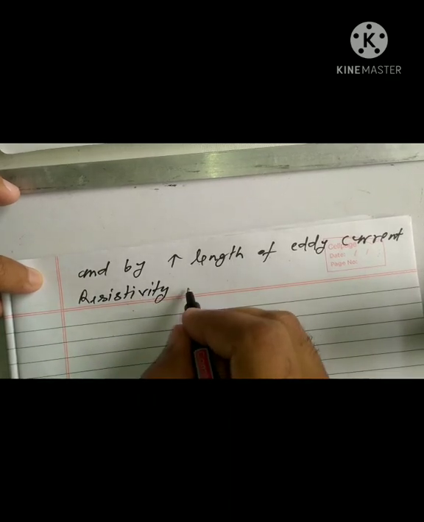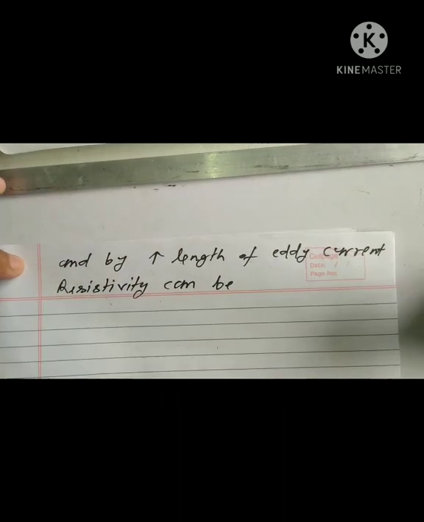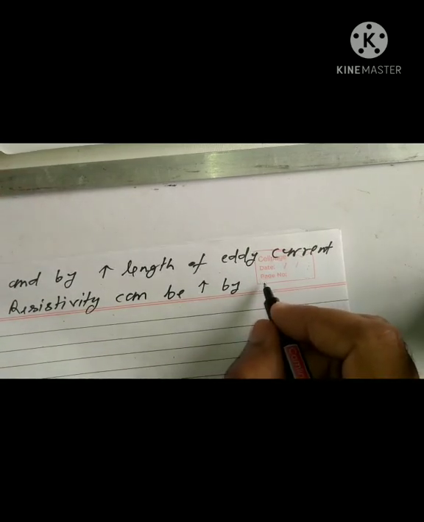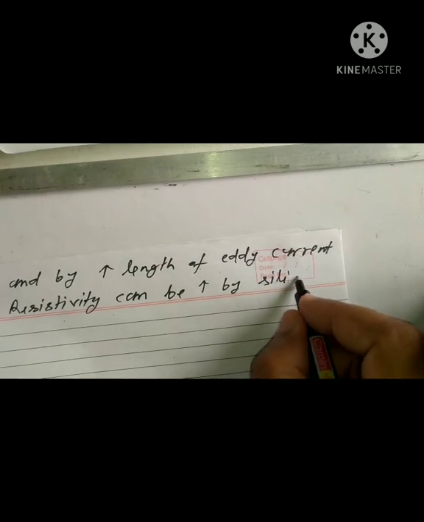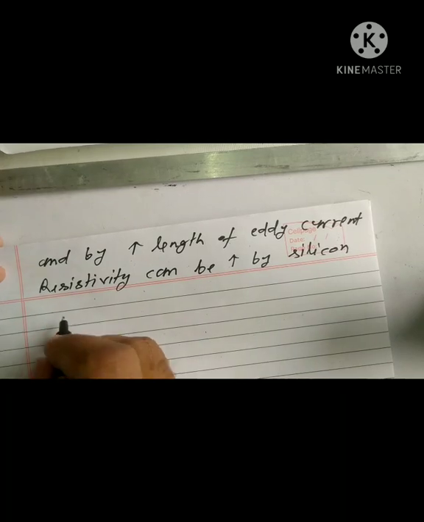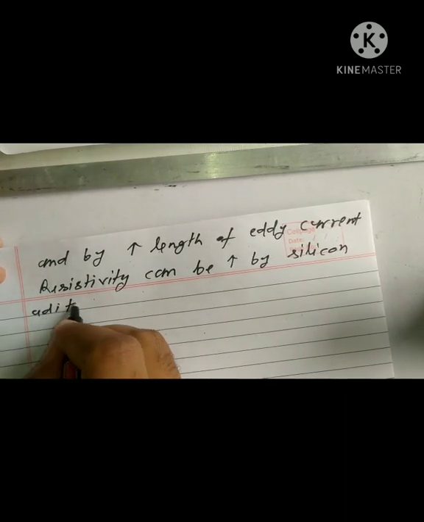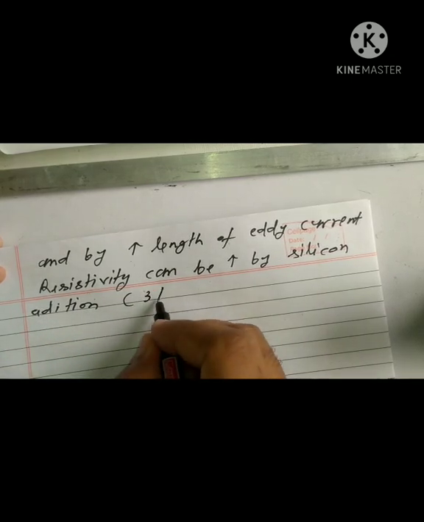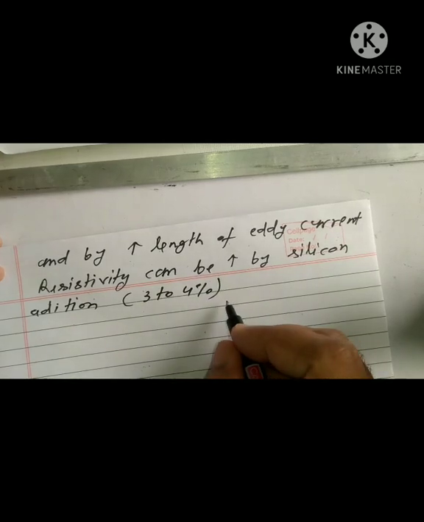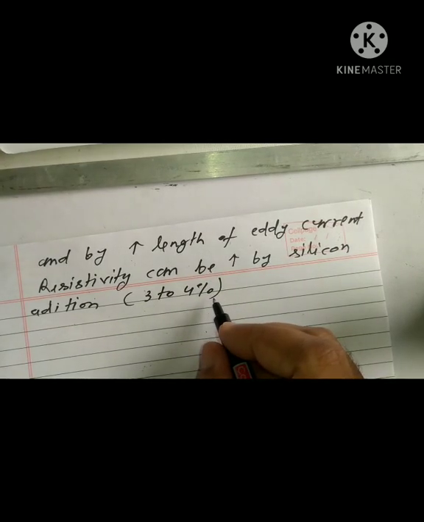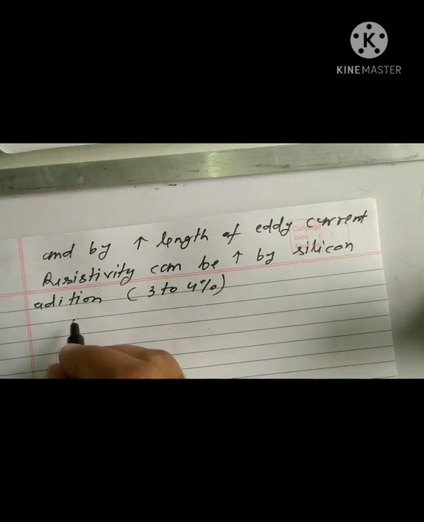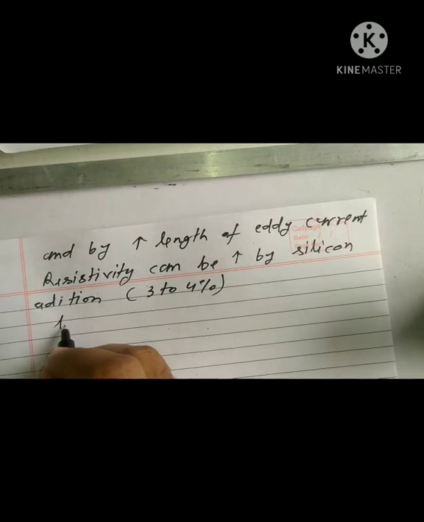Resistivity can be increased by adding a small amount of silicon, that is 3 to 4%, not more than that. If you add silicon more than that, the material will be brittle and it will shatter like glass. And length of eddy current path can be increased by laminating the core.